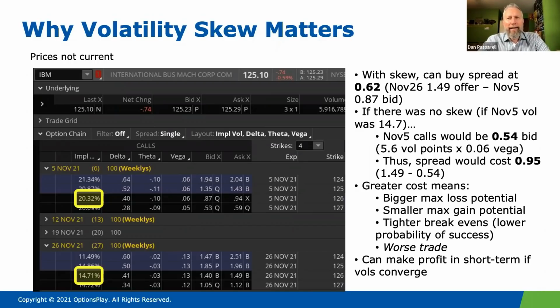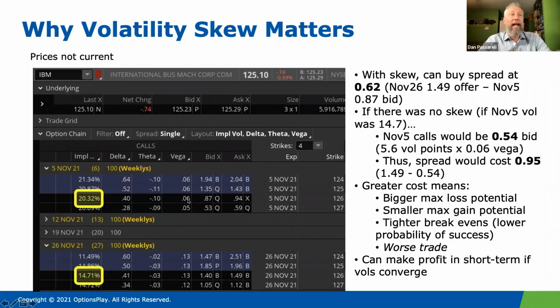Now, this is a really tricky question if you've never thought about this before. Because you can calculate this. If this was 14.71, 5.6 points lower, well, how much would these calls be worth? These call values are the only ones that would change.